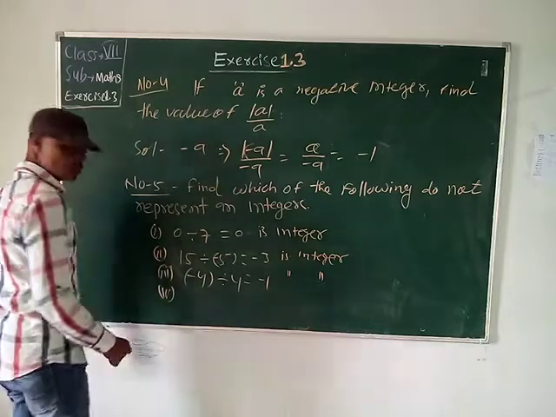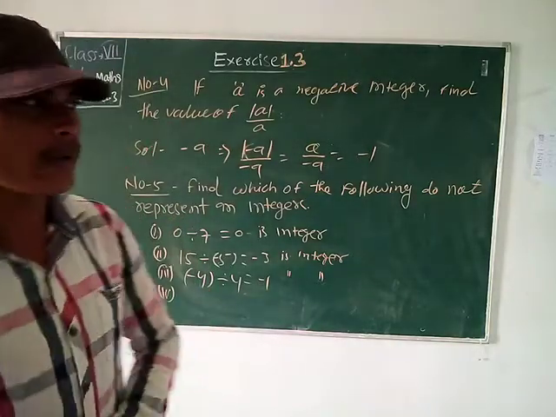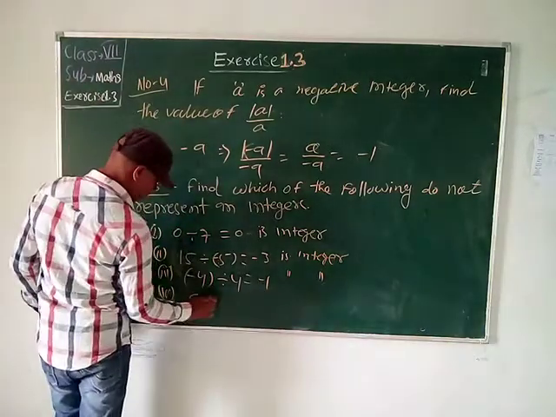Fourth bit. The fourth bit is 6 divided by 4.